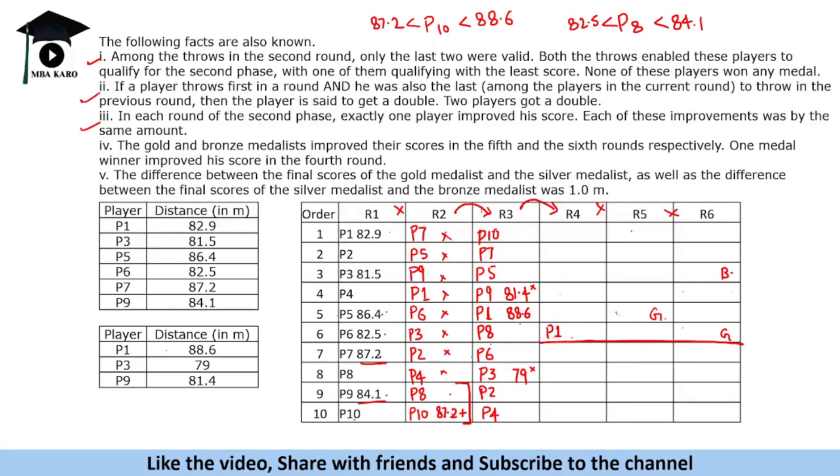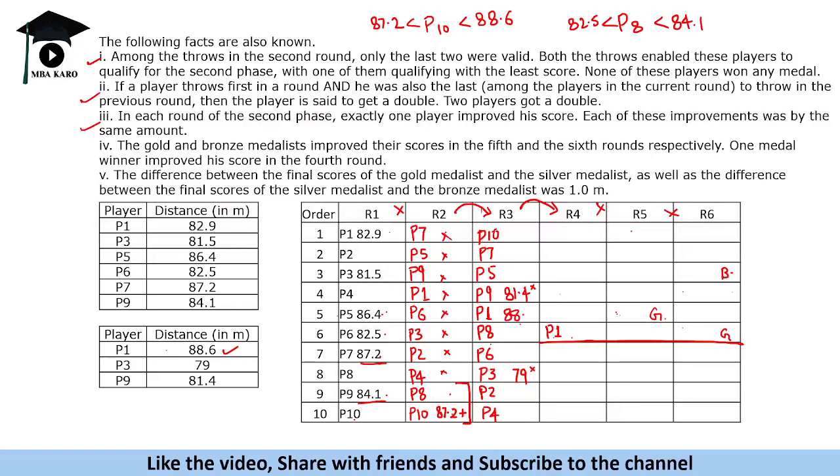Okay, but P1, we do not know whether it was ahead of P1 or it was behind P1. So it could have been P1 or P8 or P8 or P1. But we are given that 88.6 was thrown by P1. So definitely P1 becomes the top scorer. Okay. So for the sake of making this table, let's just assume that he scored less than this.